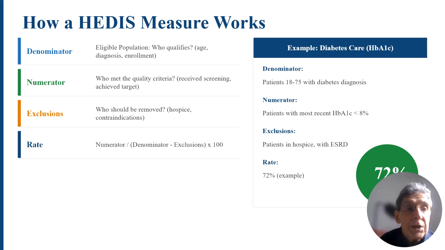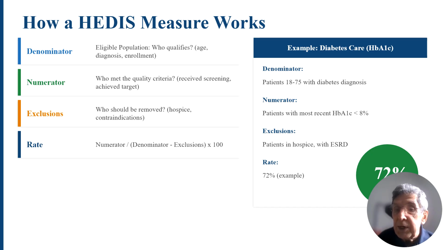So how does a HEDIS measure work? Every HEDIS measure follows the same structural pattern, and understanding this pattern is essential. There are 4 components. The denominator defines the eligible population. Who qualifies for this measure? This is often determined by age or diagnosis or enrollment status or other criteria.